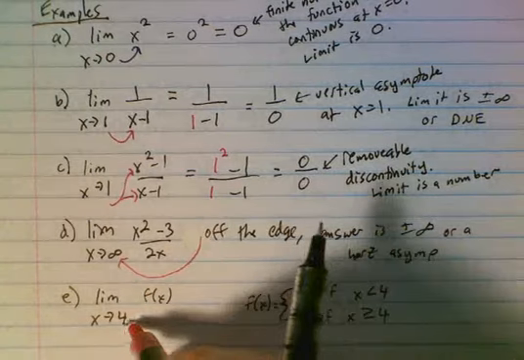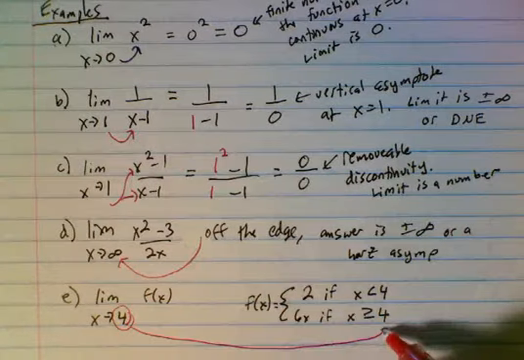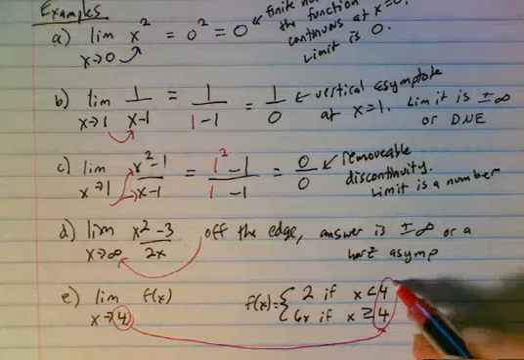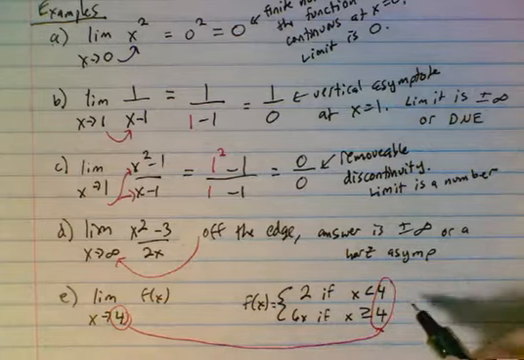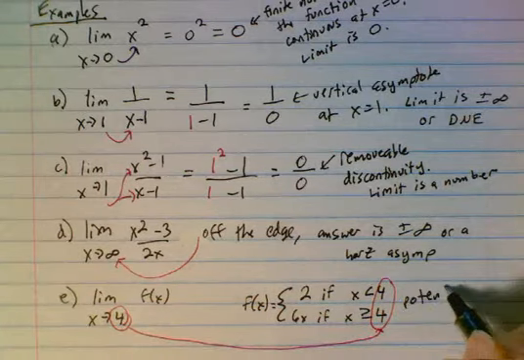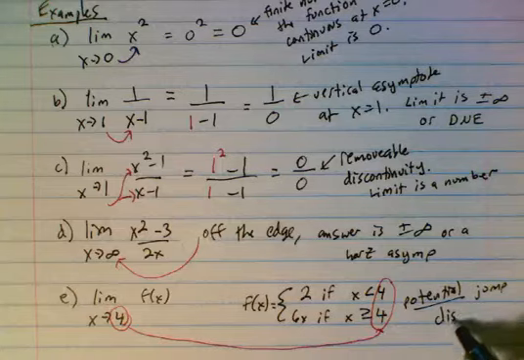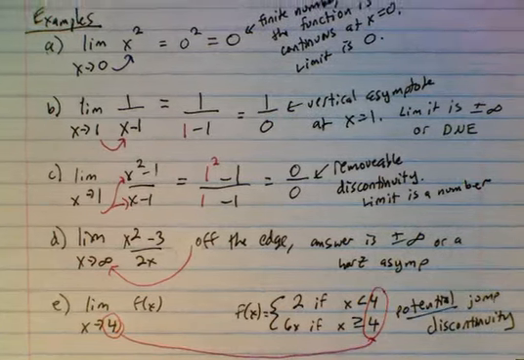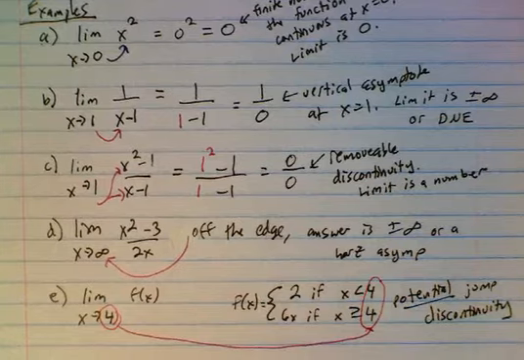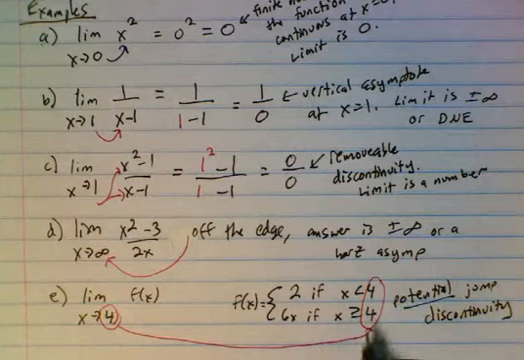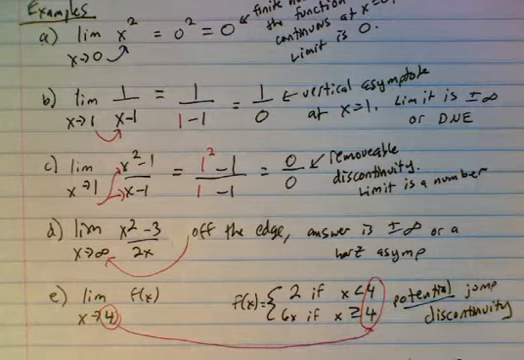Notice that these match, so that means there's a potential jump discontinuity. If we were finding the limit at x equals 3 and it wasn't the same number, then we wouldn't have a potential jump discontinuity. There might be something else going on. But it's only because these two match that we have to worry about that.